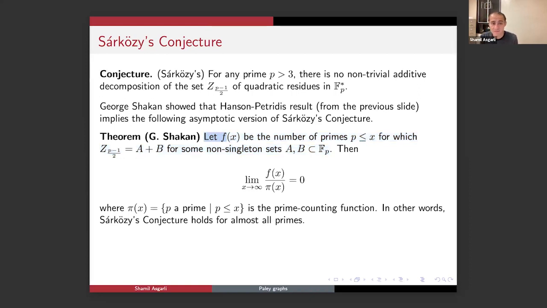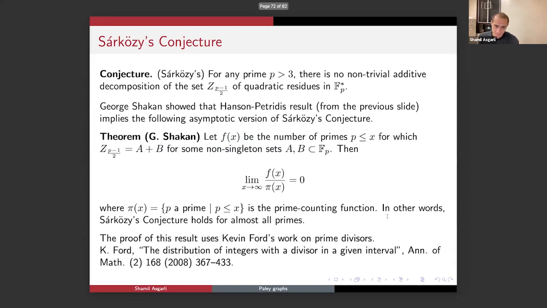The set of bad primes satisfies that the limit of f of x divided by pi of x as x goes to infinity is 0, where, as usual, pi of x is the prime counting function, the number of primes up to x. So in other words, this result shows that Sárközy's conjecture holds for almost all primes, which is already, in my opinion, a big breakthrough in the field.